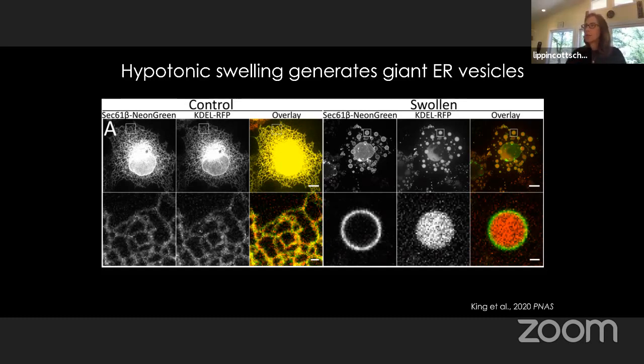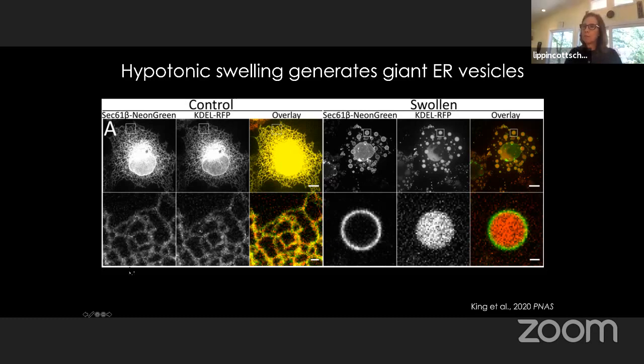And to his surprise and my surprise, what we found was that the endoplasmic reticulum undergoes swelling into giant vesicles. These are giant intracellular vesicles. They're not blowing up. You can see that.